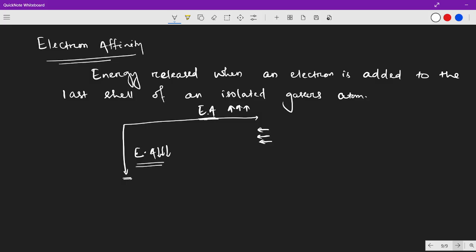Understood? Now let's understand the last point, that is called electronegativity. So what is electronegativity?